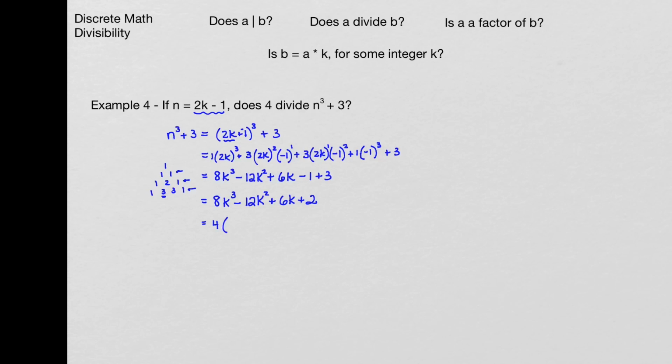So I have 4 times 2k cubed minus 3k squared. It looks good so far, but then we get to the 6k, and I can't do this and get an integer in here. I would have 6 over 4, which is 3 halves k, not an integer.